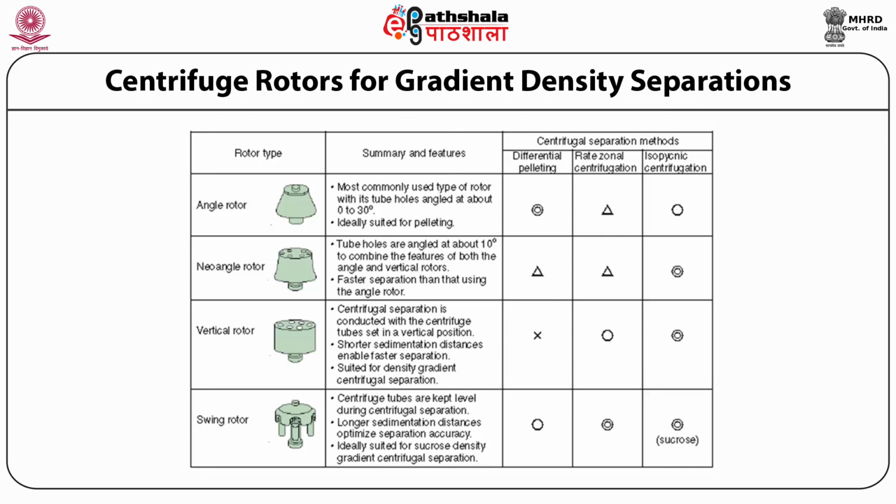Eventually, the force applied to the sedimenting particle moves along the linear axis of the applied force, and swinging bucket rotors are often used for sucrose density gradients. So these are the different rotors having their own advantages and disadvantages, and they are used for different types of separation depending upon your choice and upon the type of medium, method, etc.